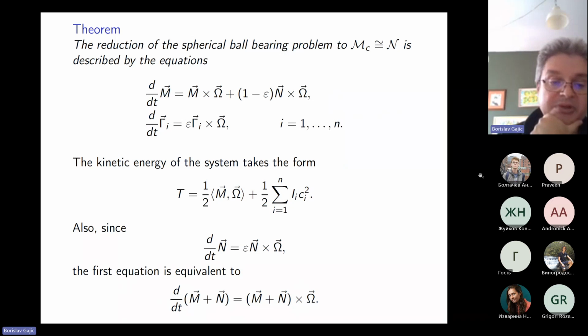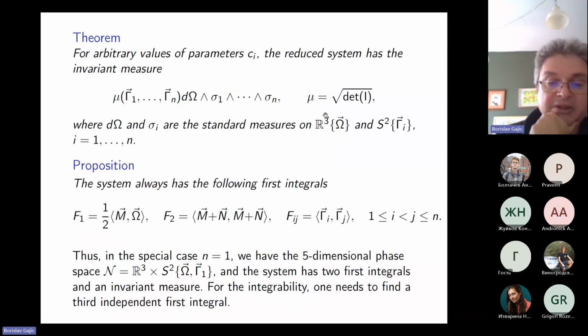So this is the invariant measure of the problem, and it always has the following integrals. So we have an invariant measure and a set of integrals. And in the special case when n is equal to 1, we have a 5-dimensional space, an invariant measure, and these two integrals. So this is just one sphere. We do not count this third integral, but we have the first two integrals. And for integrability, we need one additional integral.